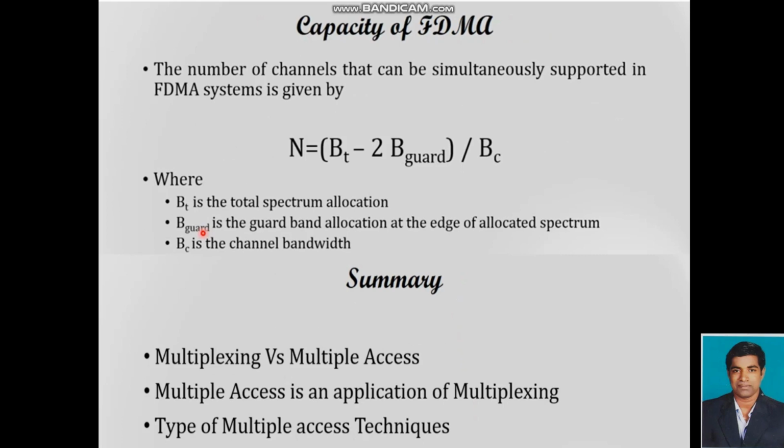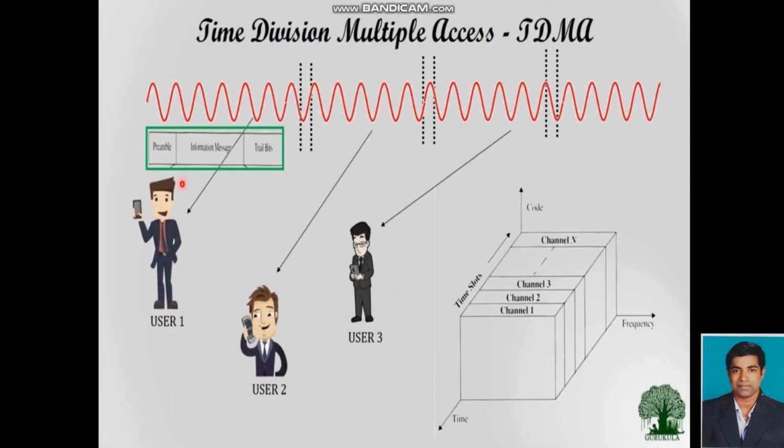Summary: multiplexing versus multiple access we discussed. Multiple access is an application of multiplexing, and we covered the types of multiple access techniques. Time division multiple access TDMA. Here the entire signal has a uniform frequency, whereas we are allocating different time slots.